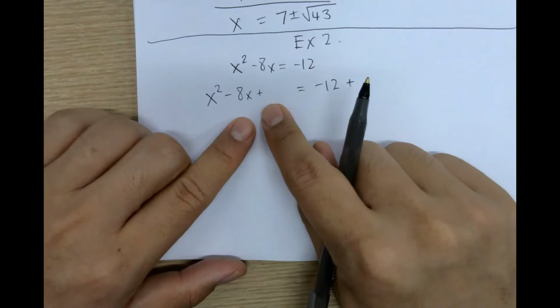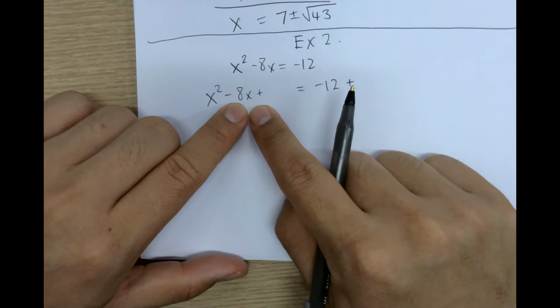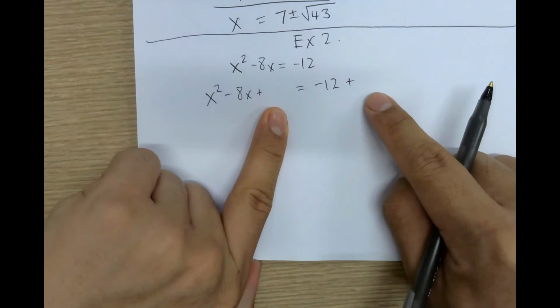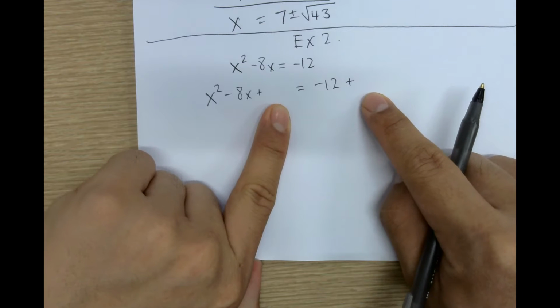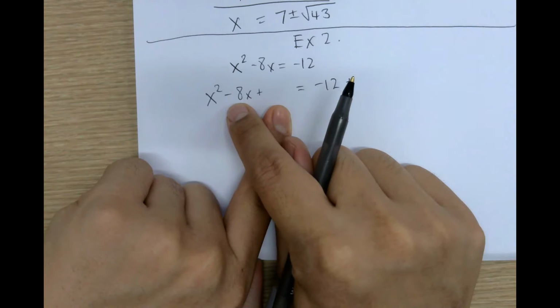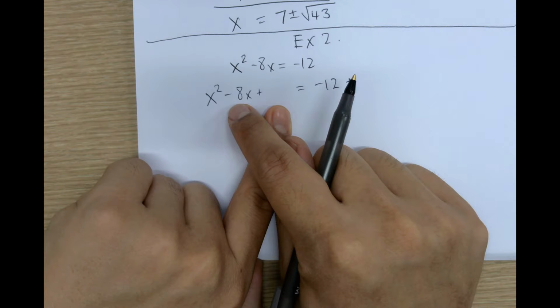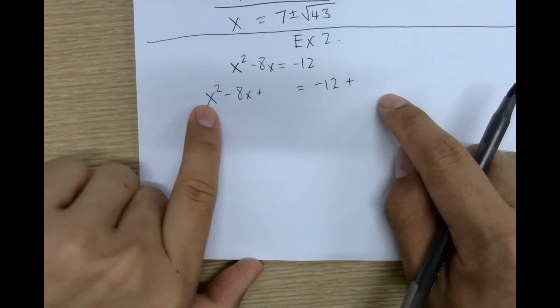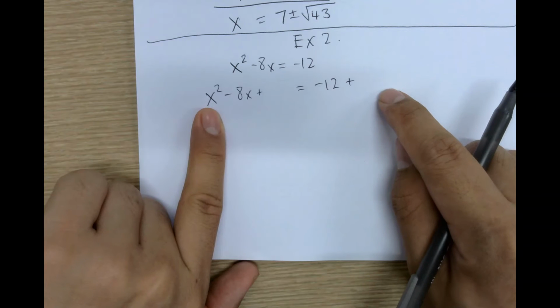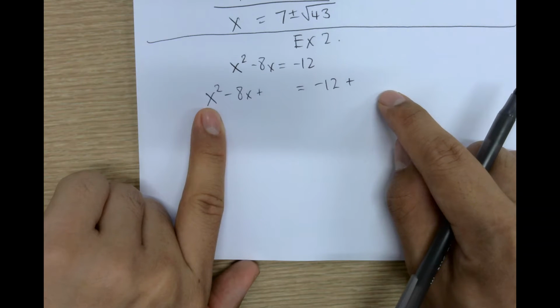Okay, so here we know that the number that we're adding to both sides is going to be b, which is -8, divided by 2 times a, squared. In this case, a is 1, so it is easier to solve.